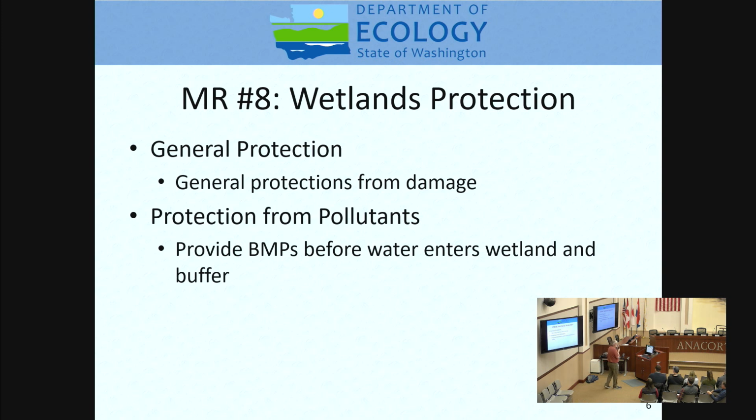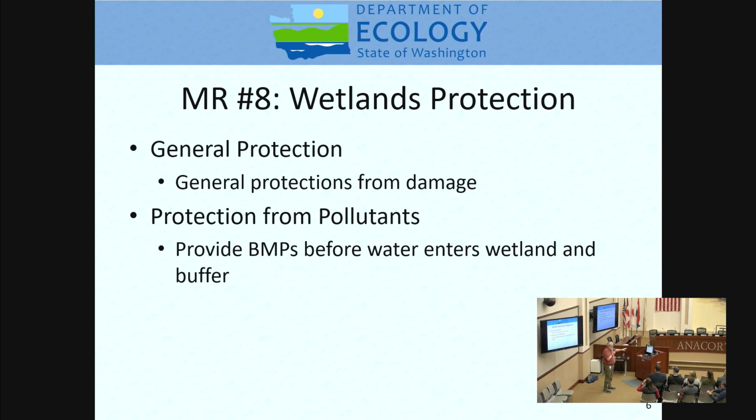And there are 3 steps of protection that we've got for wetlands. Wetland protection is governed by a different section at ecology other than my section, water quality, but we're working with them to come up with these solutions.